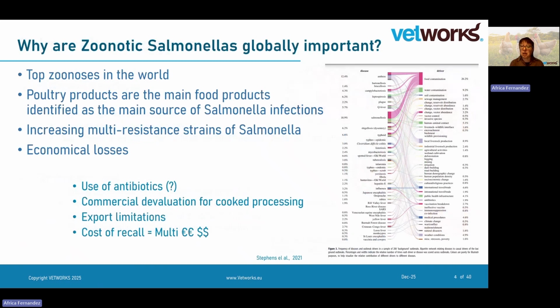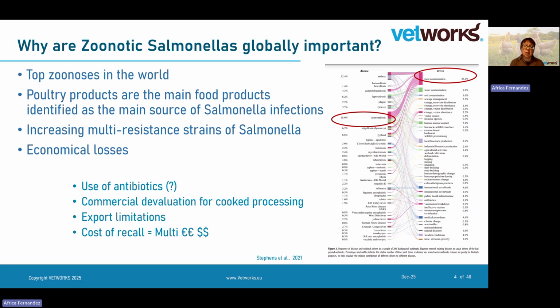Why are zoonotic Salmonellas important? Well, they are the top zoonosis in the world, and we can see here that they cause just under 20% of the zoonotic diseases, and all of this comes from food, as we can see also in the table, and the main food product identified as causing this salmonellosis is poultry.